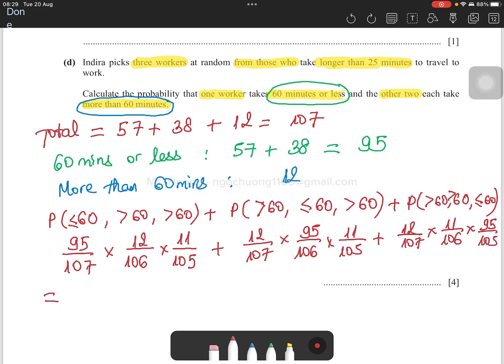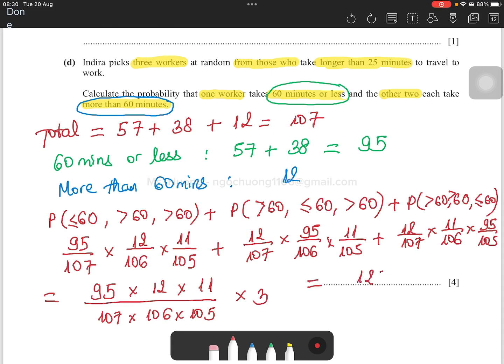So you can see that these three have the same numerator, 95, 12, and 11. And they also have the same denominator, 107, 106, 105. So we just calculate one and then we multiply it by 3. So the answer is 1,254 over 39,697. So this is the final answer for question 5.